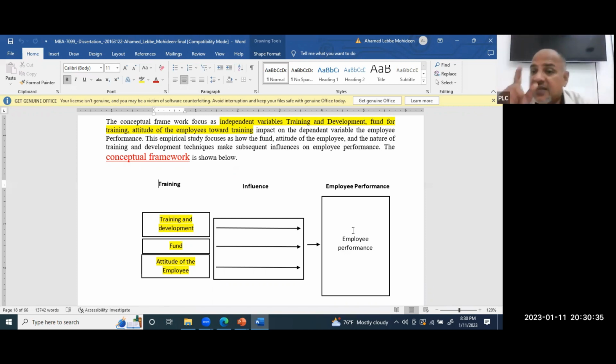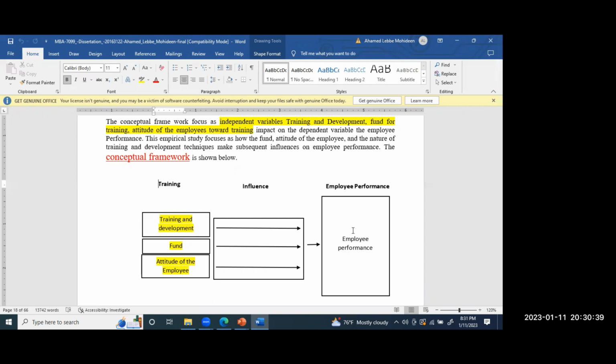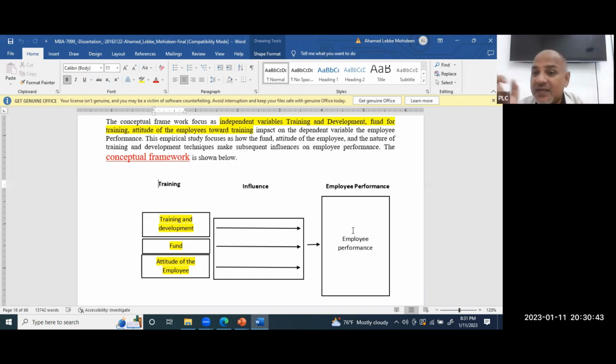So I have to define the area again. Which area? I have taken a particular district, not all the hotels. I have taken only star hotels in Pasikuda, not all the area. Do you understand now?